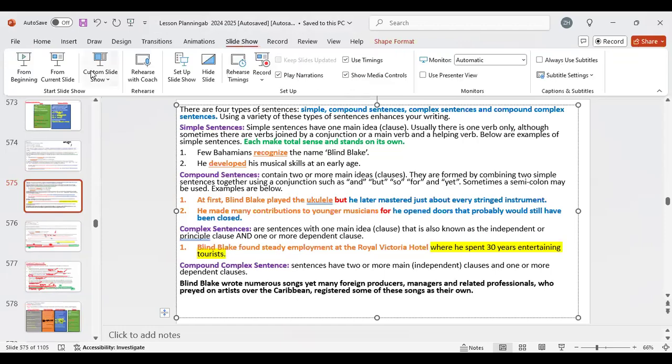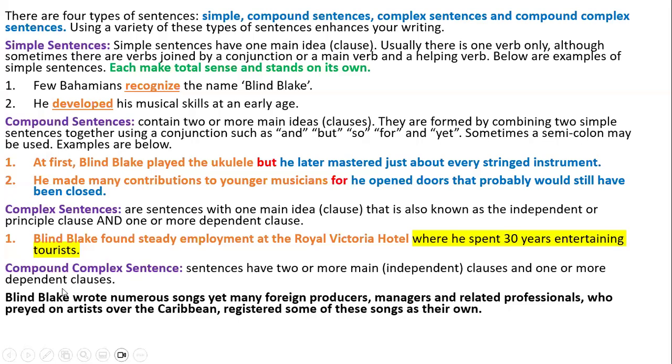Okay, so now let's break down this particular sentence. Blind Blake wrote numerous songs, yet many foreign producers, managers, and related professionals who preyed on artists over the Caribbean registered some of these songs as their own.